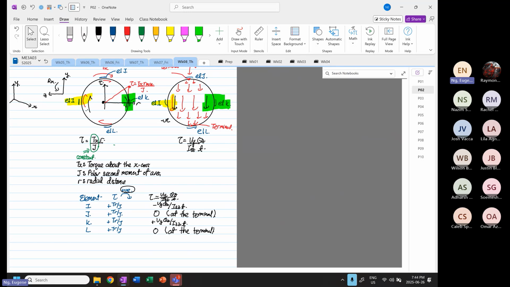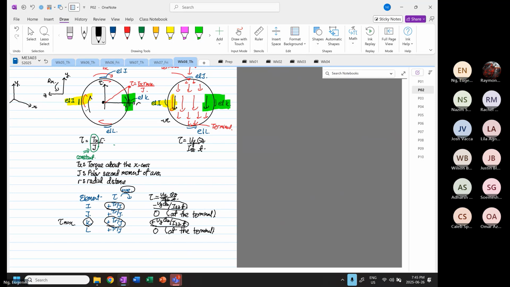From here, you can see that element K will generate the maximum stress, because you have positive over here and positive over here. Whereas on element I, you have positive over here and negative down here.